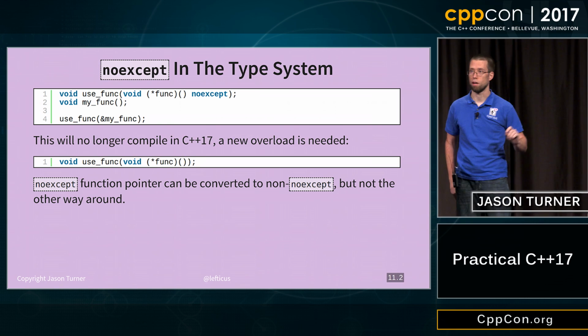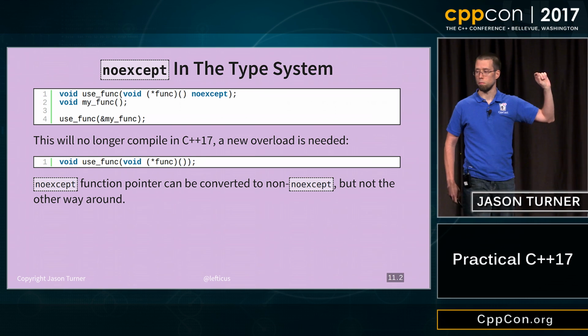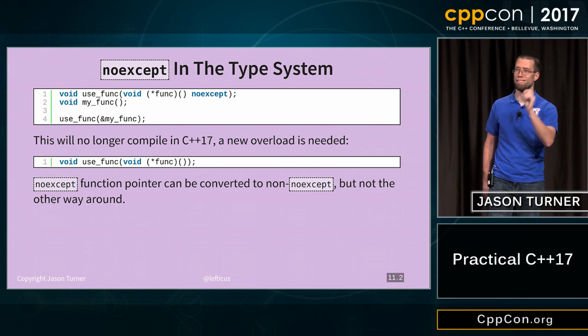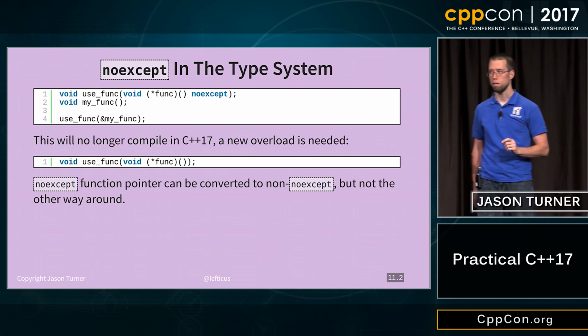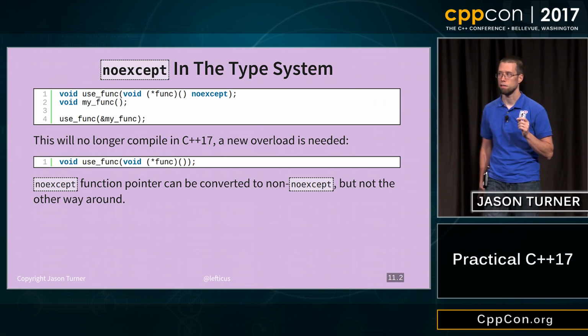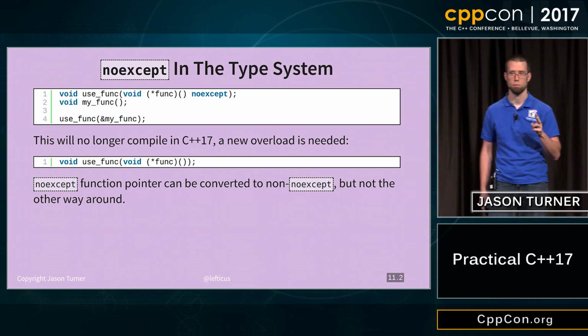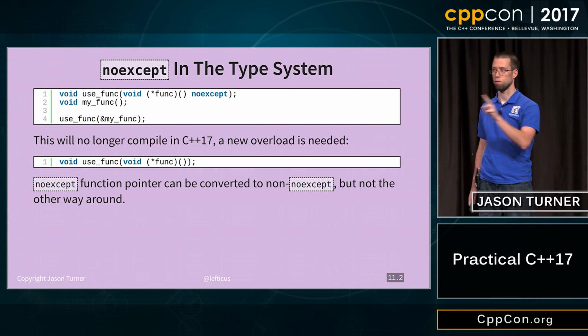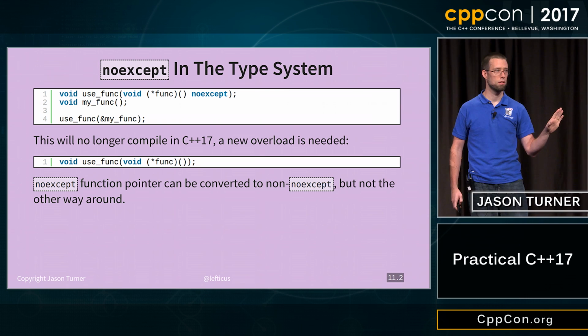That's on line 1 in the top block. And then I am passing my func to it, which is not declared noexcept. In C++14, this can compile because it isn't making a determination as to whether or not the function pointer is noexcept. Is everyone at least okay with this? Do you have any questions?